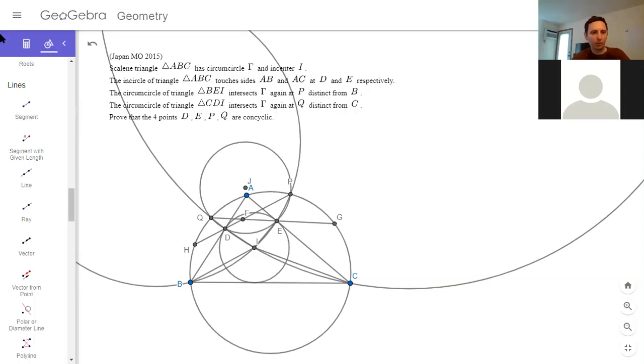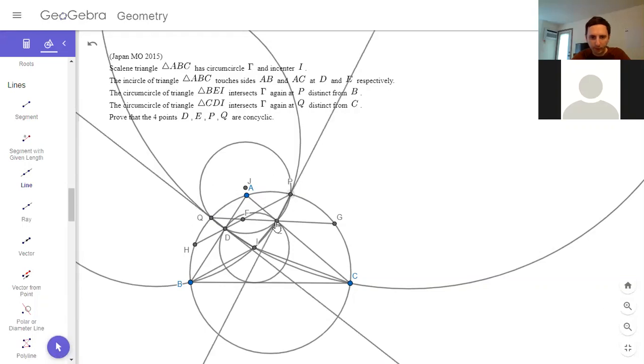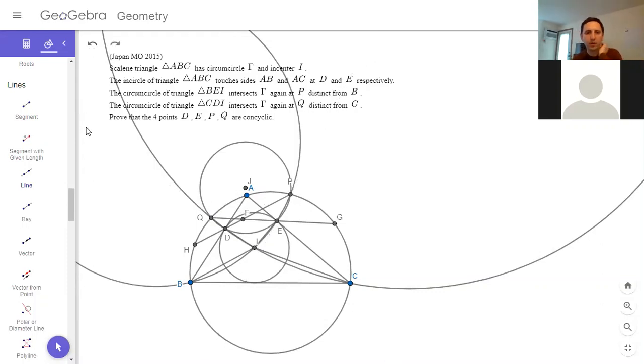One way we could try is to let DQ and EP intersect at a point, and then show it lies on the radical axis of those two big circles. But I'm not sure how simple that is. We could try to show it has the same power.